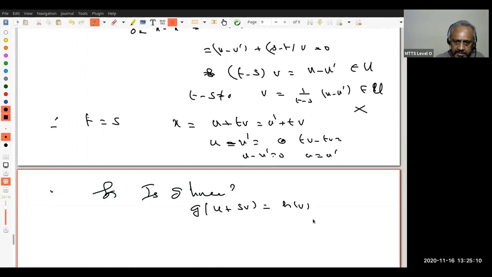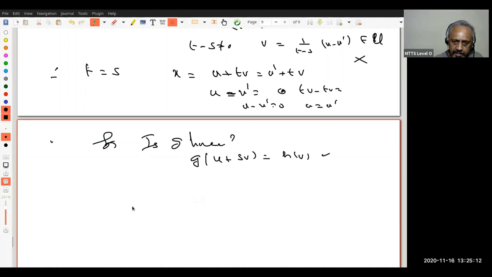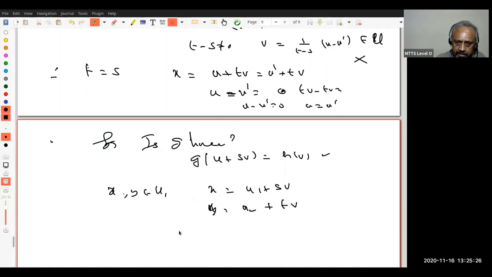This is linear. Okay. Why? Because you start with any elements x and y in U1, then x is u1 plus sv and y is u2 plus tv. Therefore x plus y, because of uniqueness, is (u1 plus u2) plus (s plus t) times v. Therefore what is g of x plus y?